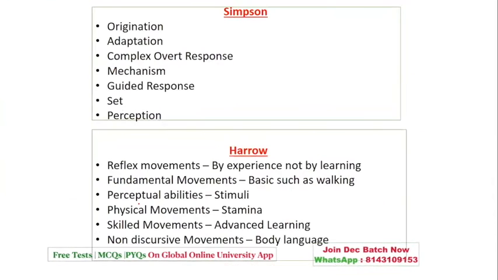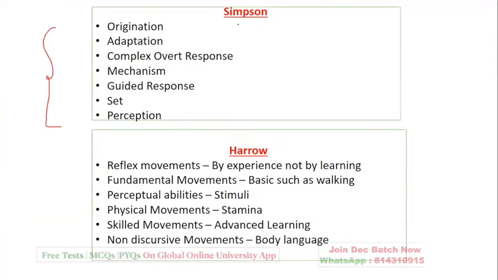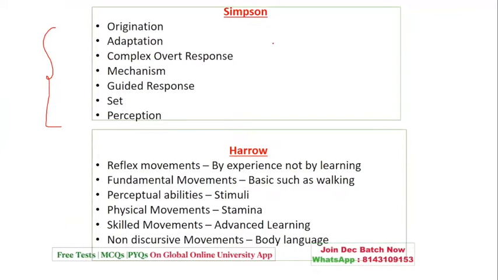Okay, apart from this, you also have certain other taxonomies. I have seen a question once on this, so I thought I'll quickly cover this topic with you, which was the taxonomy given by Simpson and Harrow.